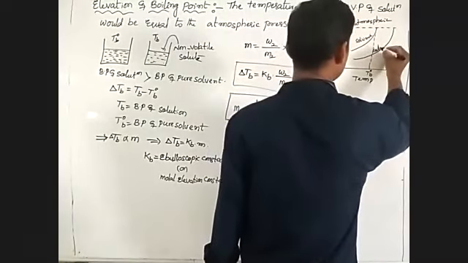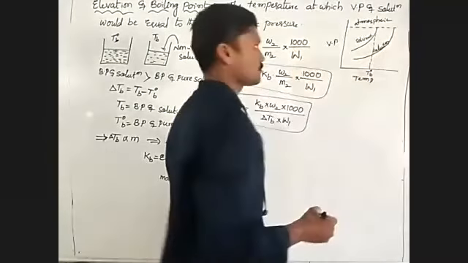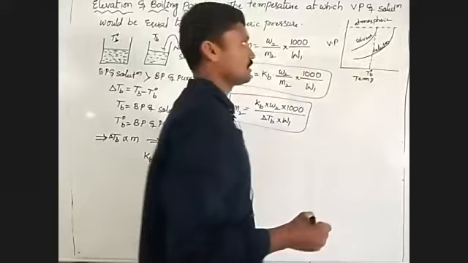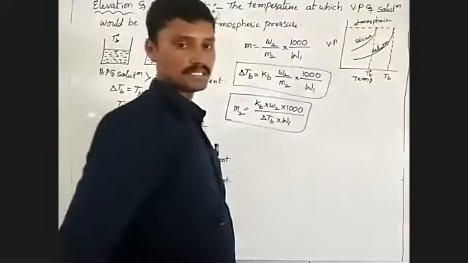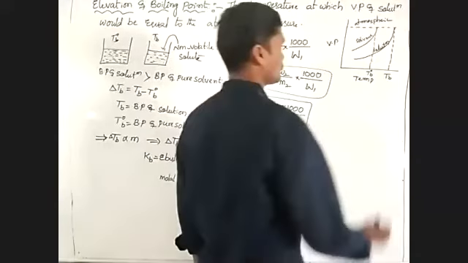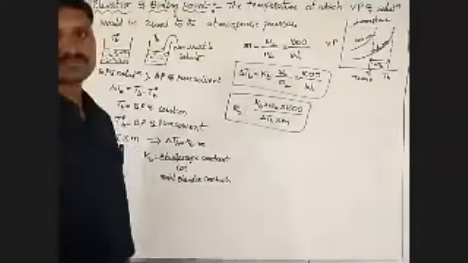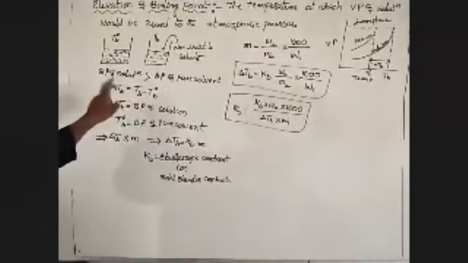This is the boiling point of the solution, TB. The difference between TB and T naught B is delta TB.